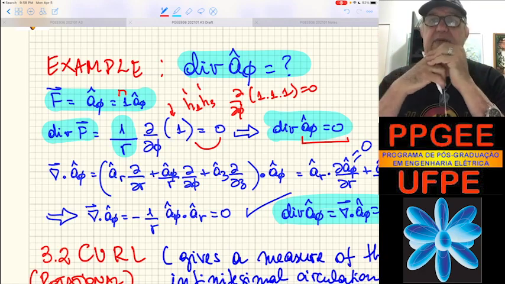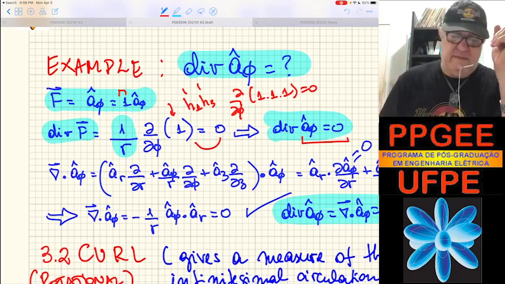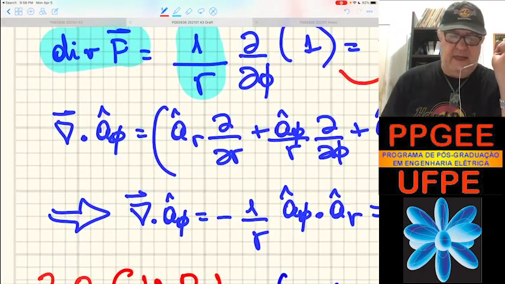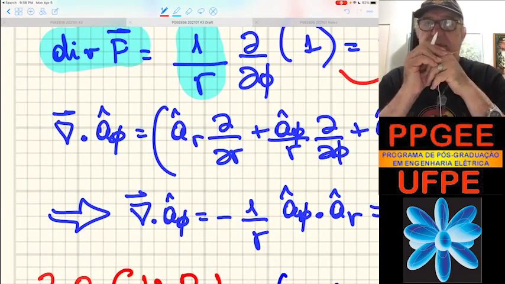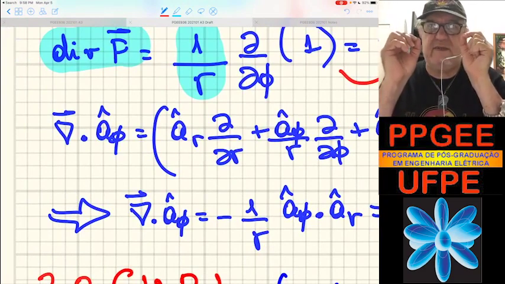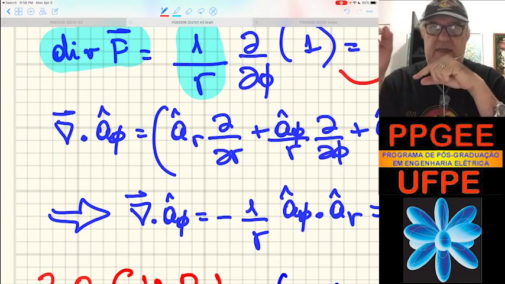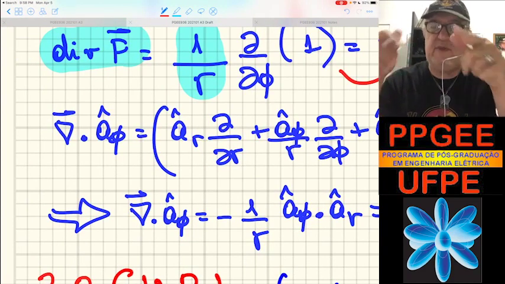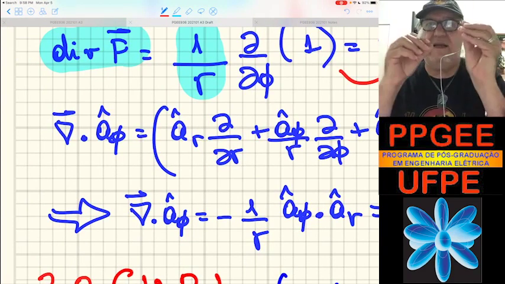Let's now calculate using the nabla operator. We have to be careful, because versors in the cylindrical system might depend on the coordinates. Not might, they do depend on the coordinates. Not all of them, but two of them.